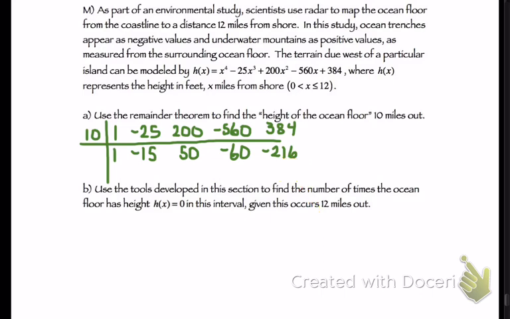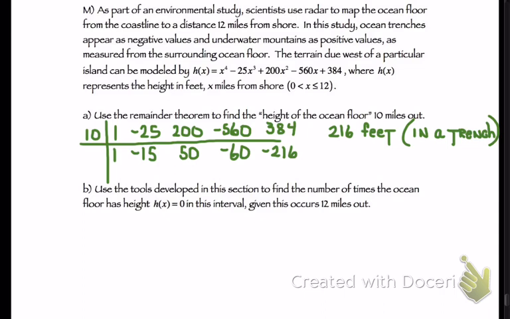So the height of the ocean floor would be 216 feet, and because it's negative, I know that it's in a trench. So the height of the ocean floor 10 miles out would be negative 216 feet, because, like I said, negative numbers are represented as ocean trenches, so I know that it's got to be in a trench.